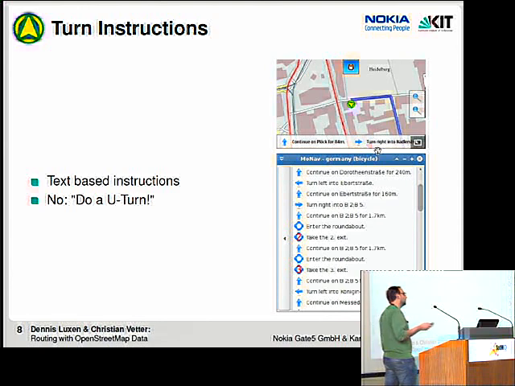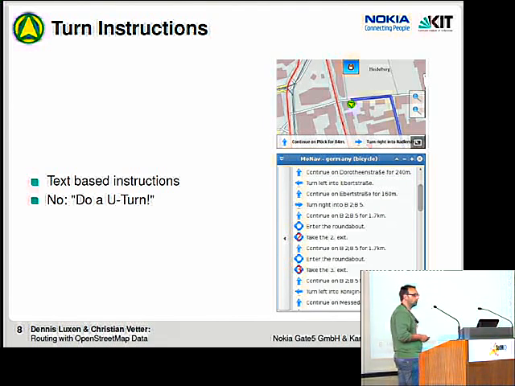What Christian also worked on was turn instructions, which are very important if you have a mobile device. You simply want to know when to make a turn. Right now, looking at the screenshot, you say, I'm at this position, and it says, OK, I should continue on the street for a couple of meters and then probably do a turn.